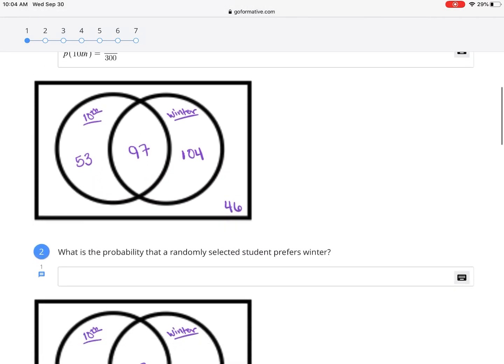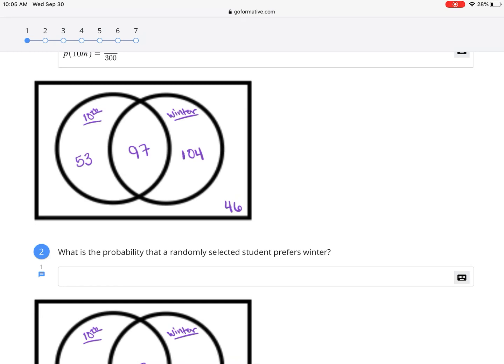Number 2, what is the probability a randomly selected student prefers winter? Okay, well, this is just the same concept as number 1, but we're not talking about the 10th grade circle anymore. We're talking about the winter circle. So how many people are in the winter circle? 97 plus 104 is the total for the winter circle. And what is that?